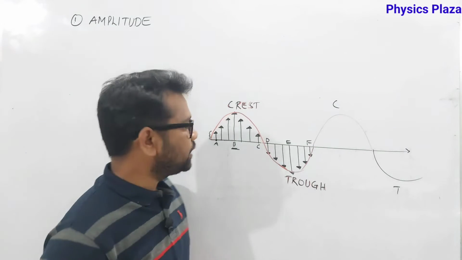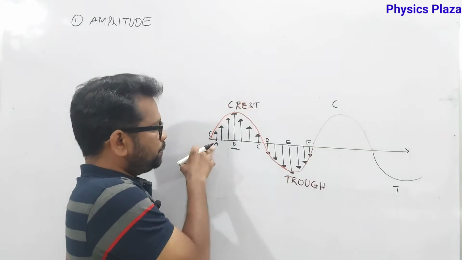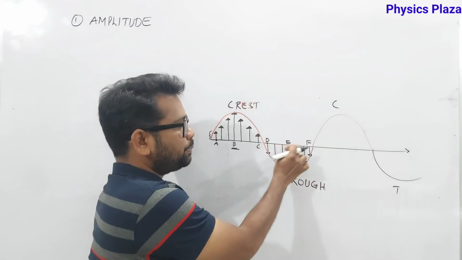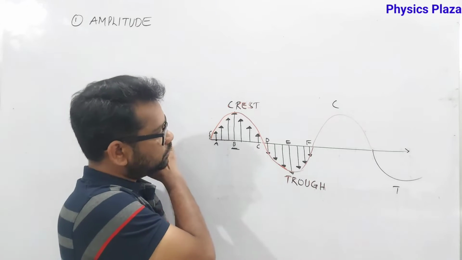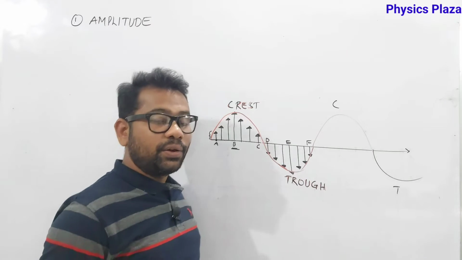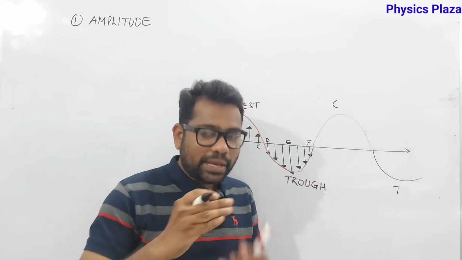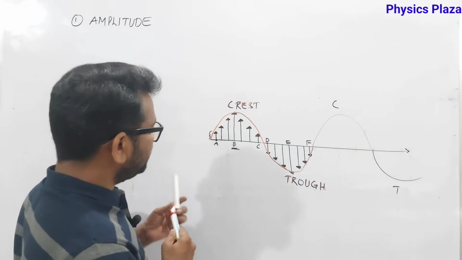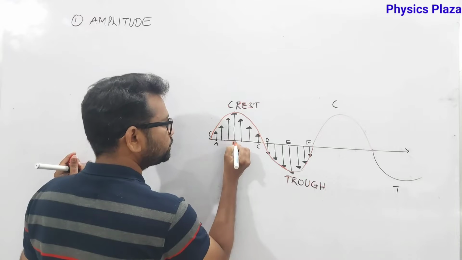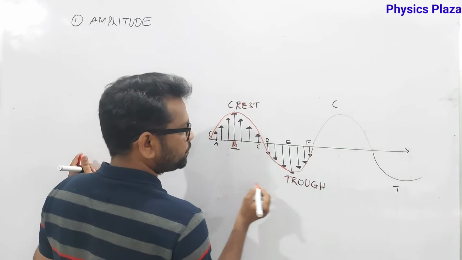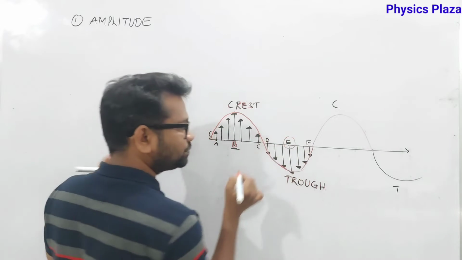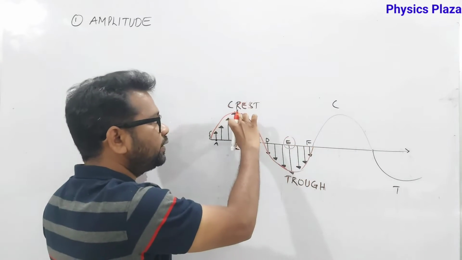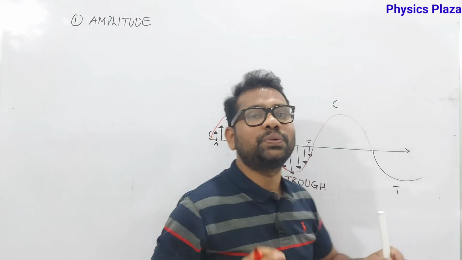If you can see particle A, B, C, D, E, F, among these six particles, which will have maximum displacement, children? Yes, obviously particle B, and even particle E. Clear? Yes.